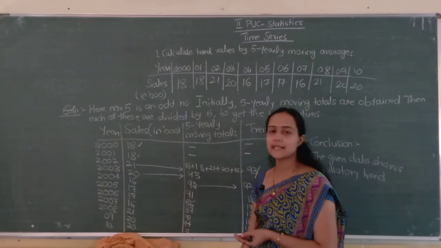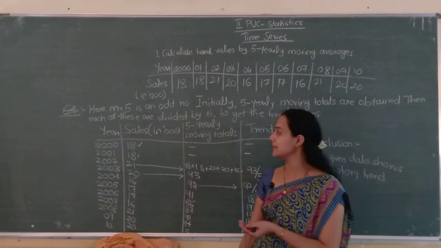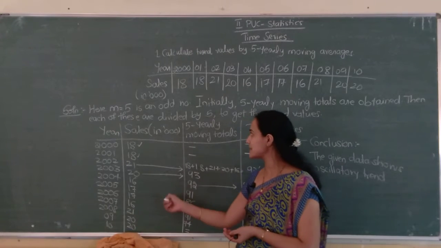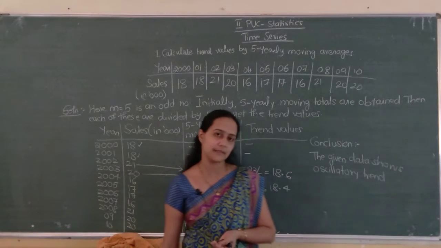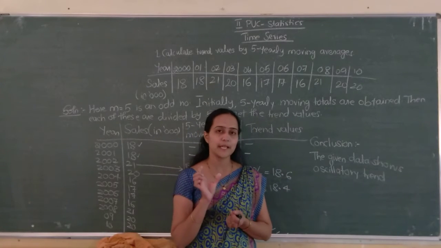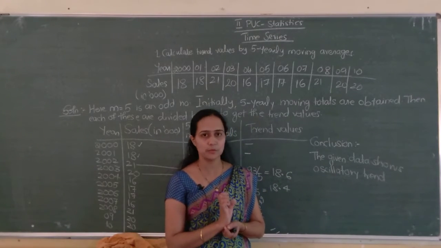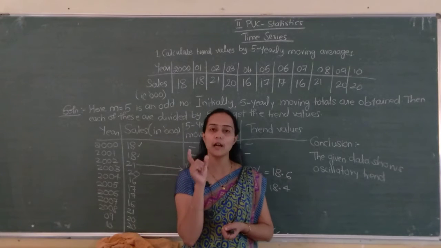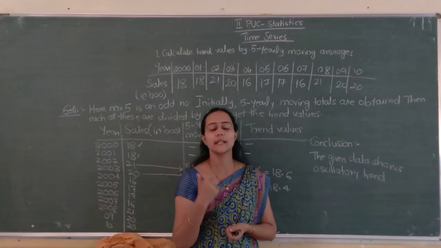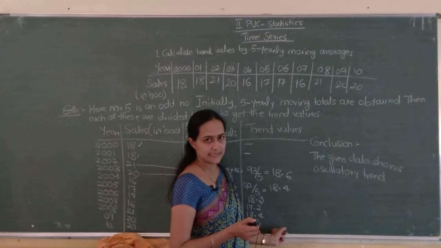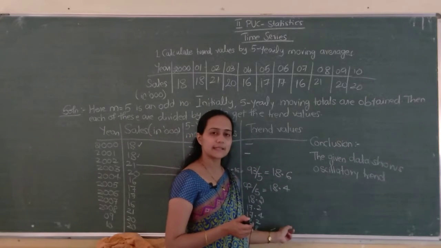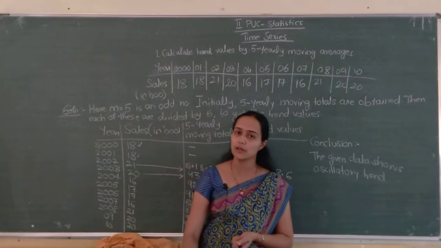Then each of these is divided by 5 to get the trend values. So year, next sales, next 5 yearly moving totals, last one trend values. Write in the appropriate place; here place is also important. And one more thing, you have to write the conclusion. So the given data shows oscillatory trend. Downward trend means decreasing trend, and if increasing, upward trend. That also you have to write.